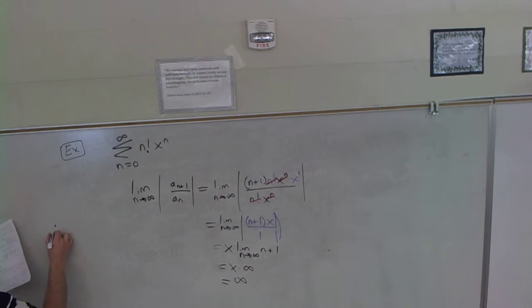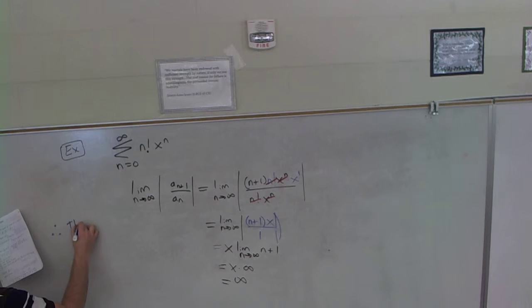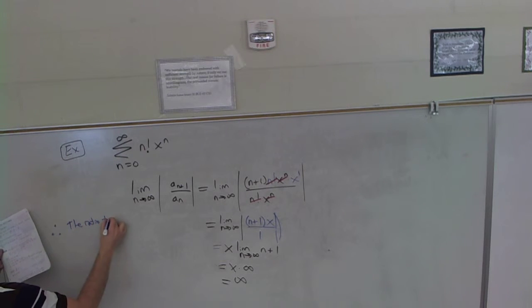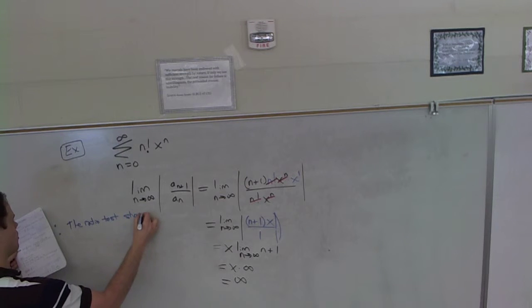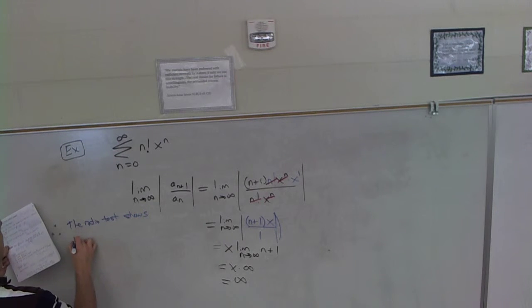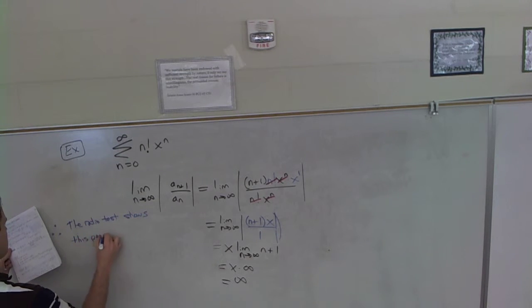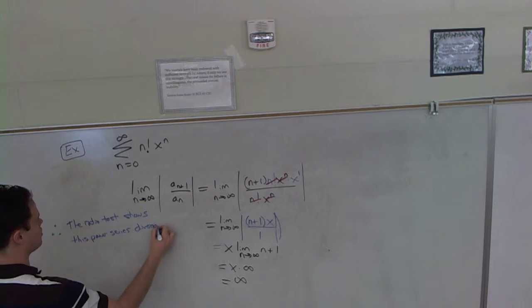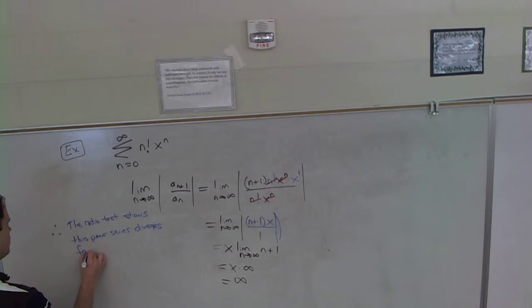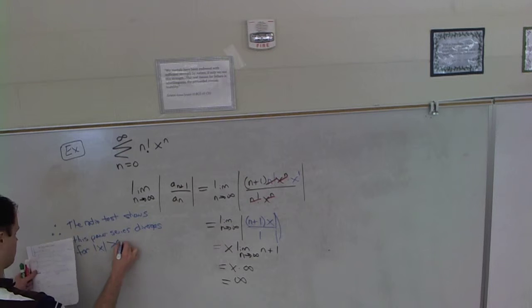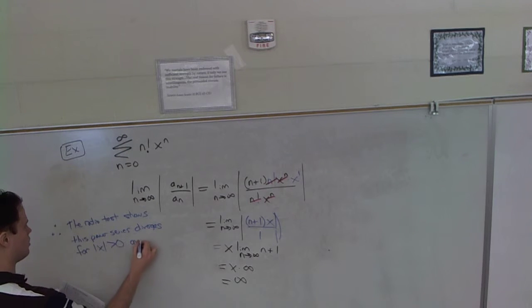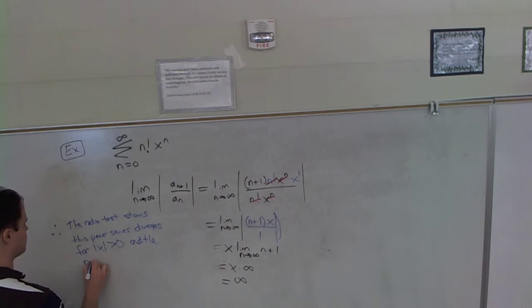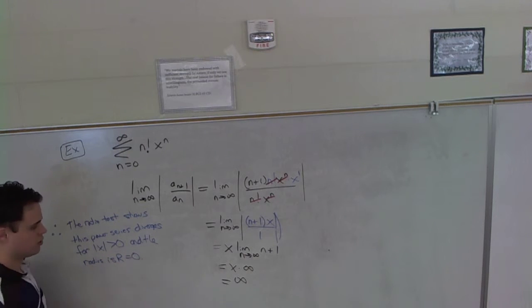So therefore, the ratio test shows this power series diverges for absolute value of x greater than 0, and hence the radius, if they ask us, is r equals 0.